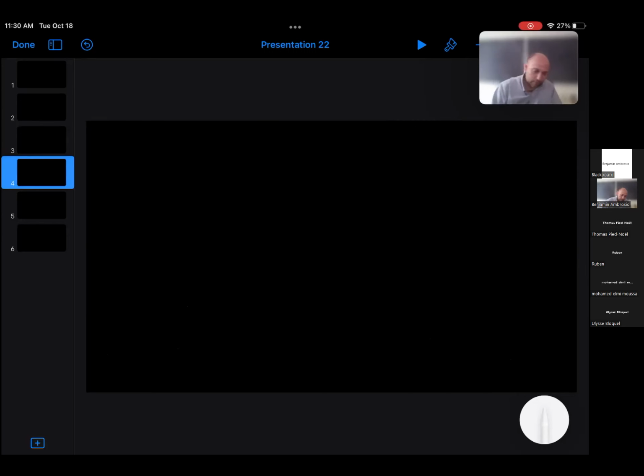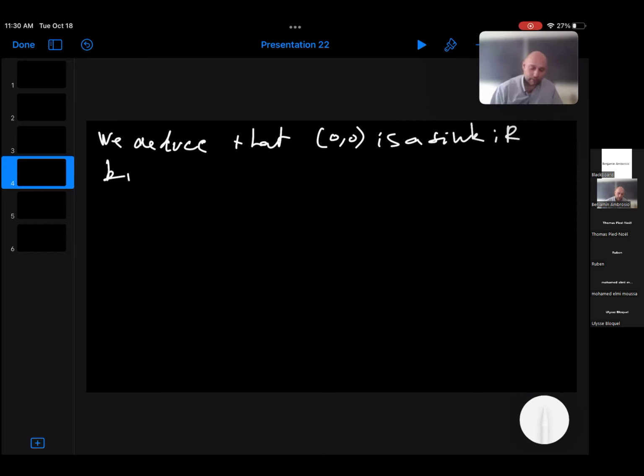So from this, we deduce that 0 is a sink if k is large enough for sigma fixed.